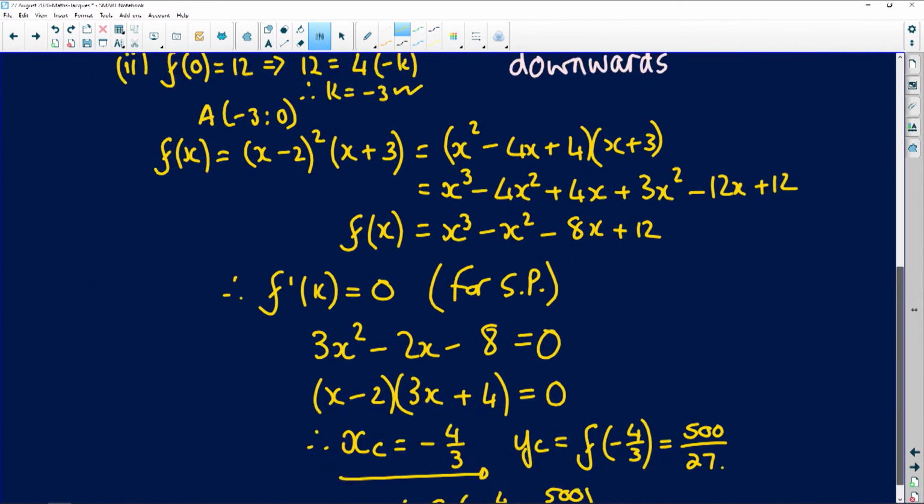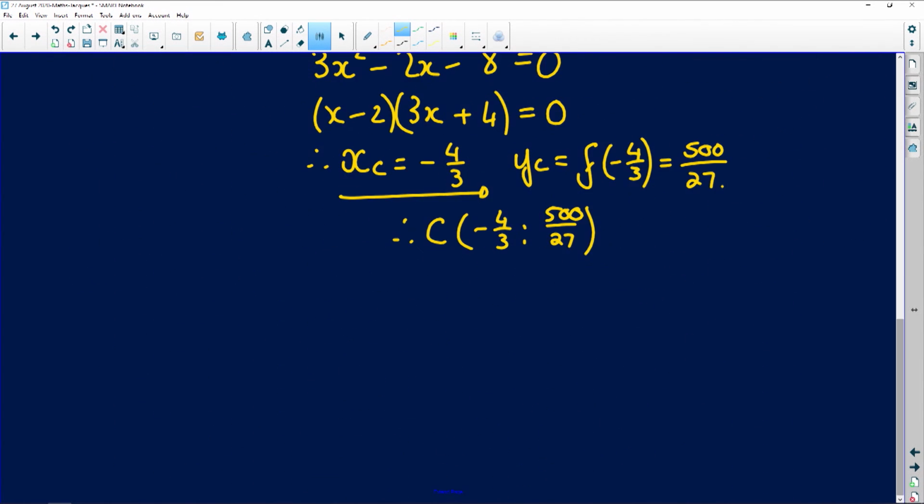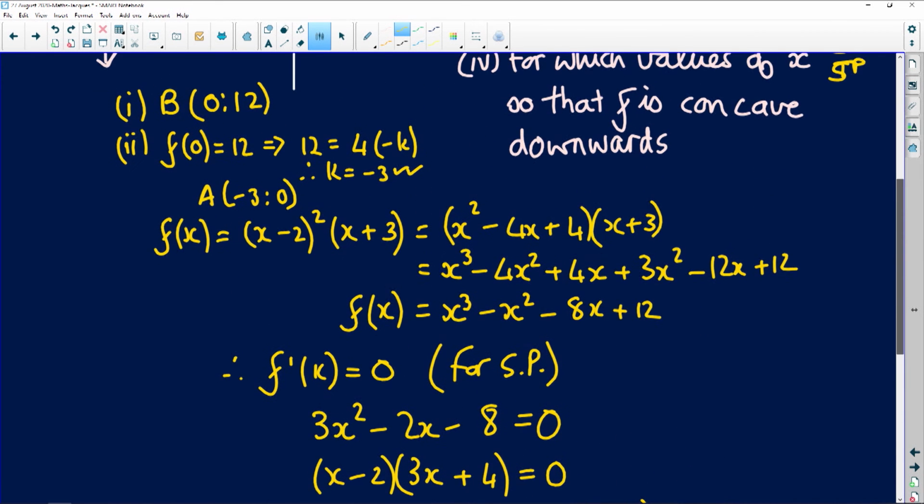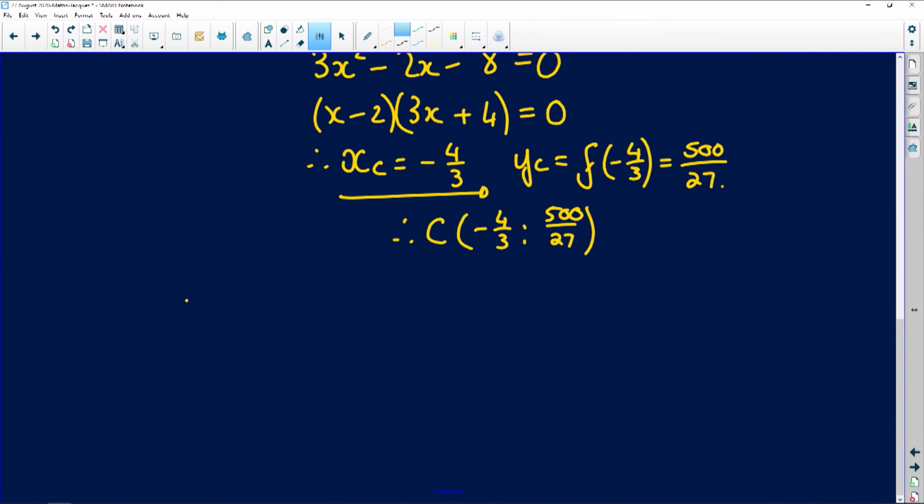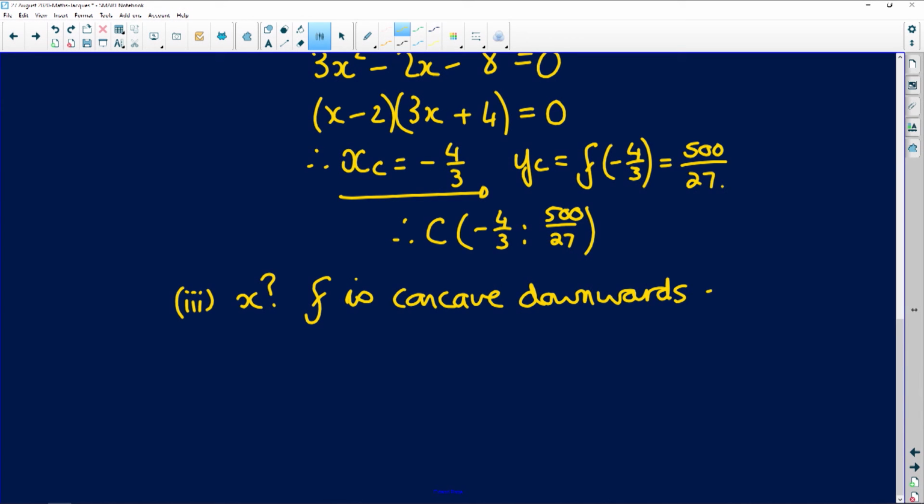They ask us the values of x for which this function is concave downwards. Number 3. The value of x such that f is, what did they say? Concave downwards. Now, folks, you should study this off by heart.